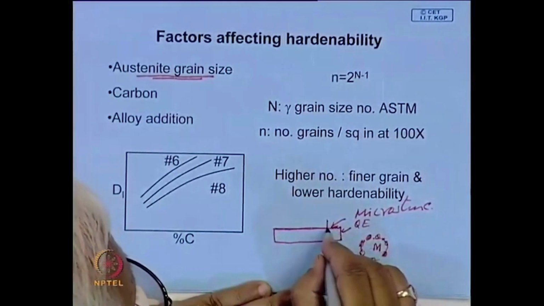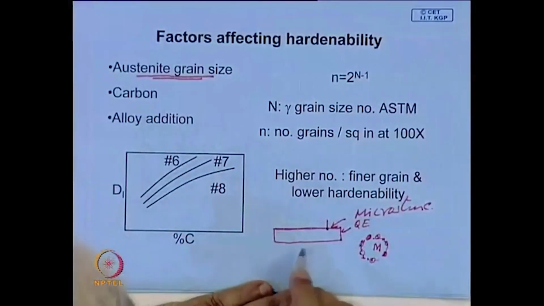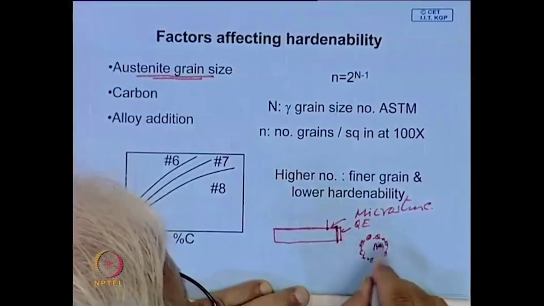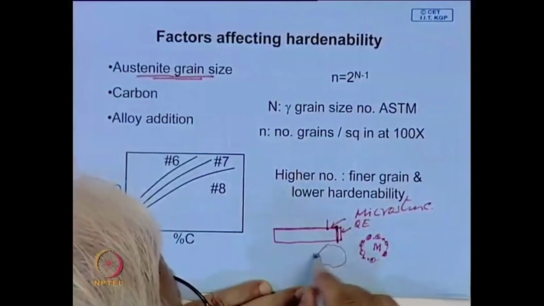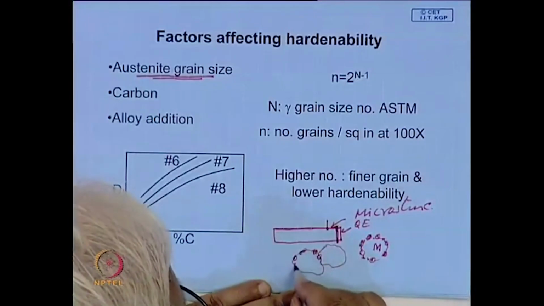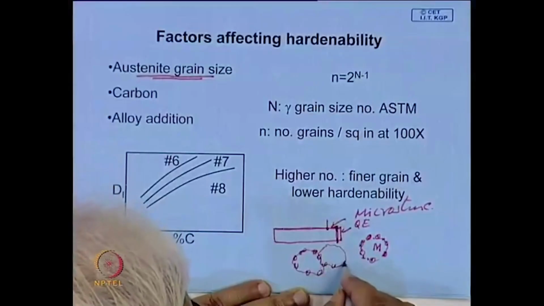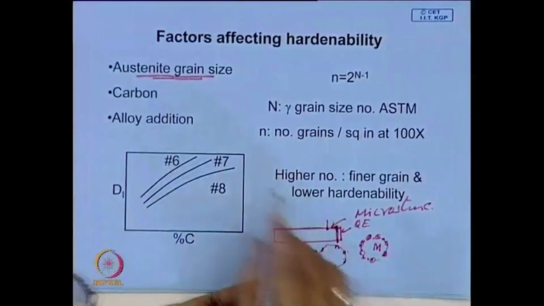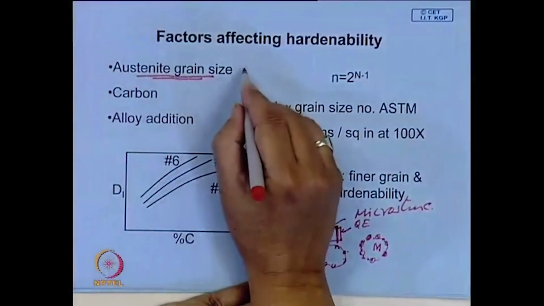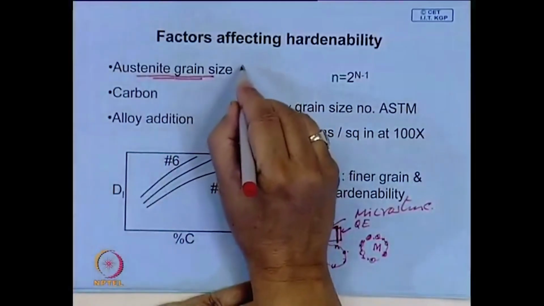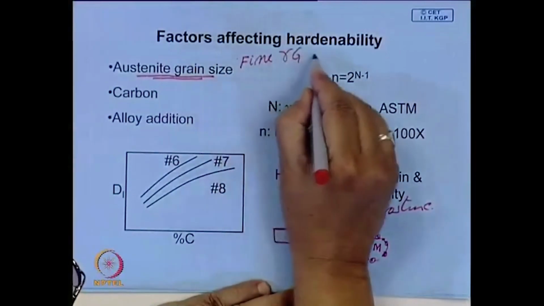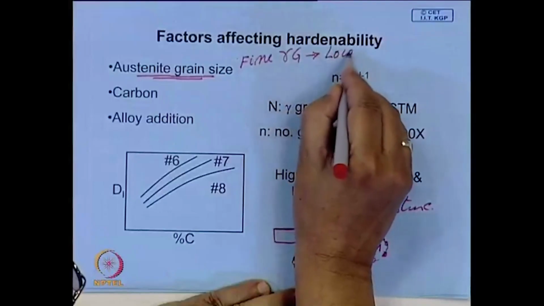Somewhere here is 50% martensite, where it is very difficult to find the prior austenite grain size, but somewhere here you may find a microstructure where the prior austenite grain size is marked by these pearlitic nodules. And we have just seen that a fine austenite grain size gives low hardenability.